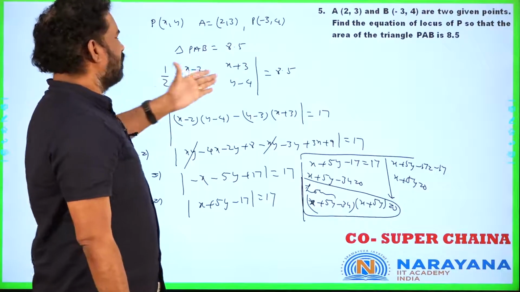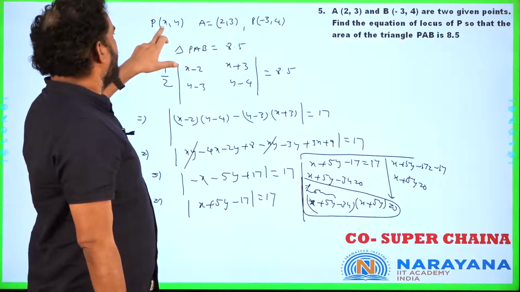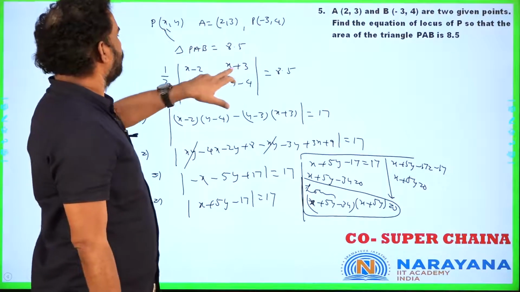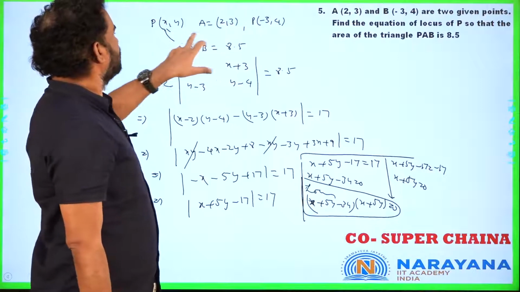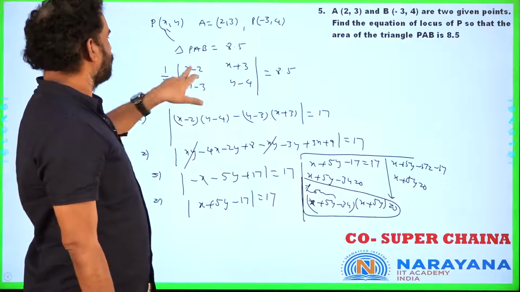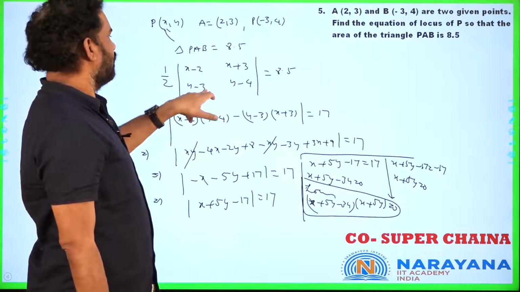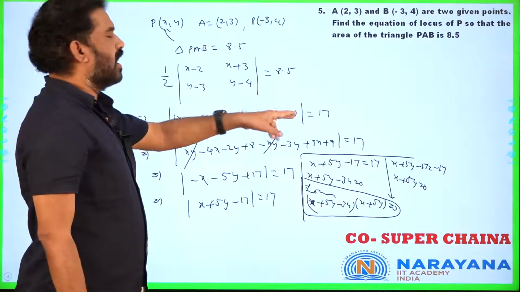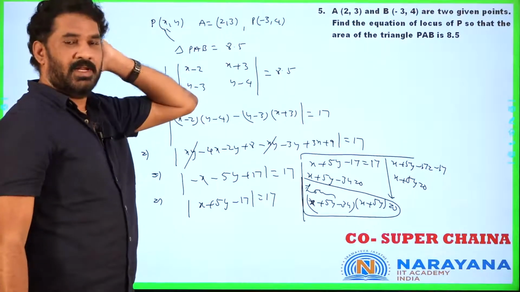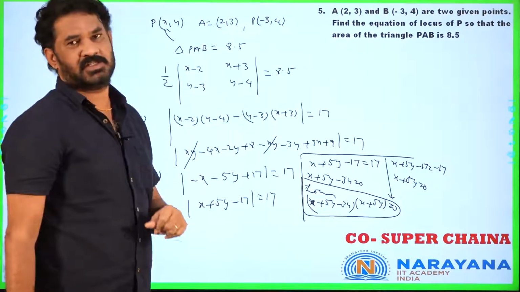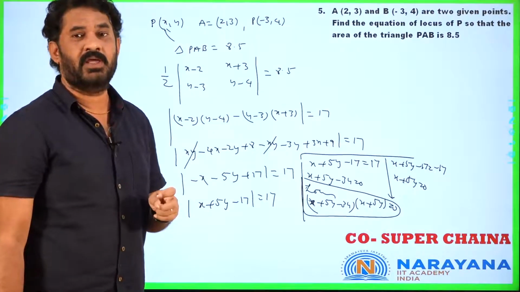Then the formula, this is the direct formula: half into (x - 2), (x + 3), similarly (y - 3), (y - 4). So delta: (x - 2)(y - 4) - (y - 3)(x + 3) equals 17. After simplifying, we have to keep the modulus, because area must always be positive.